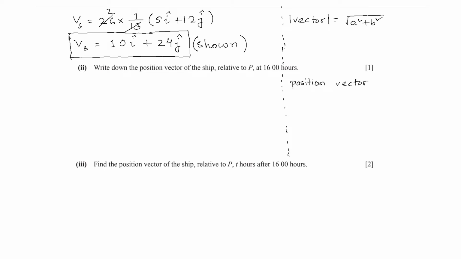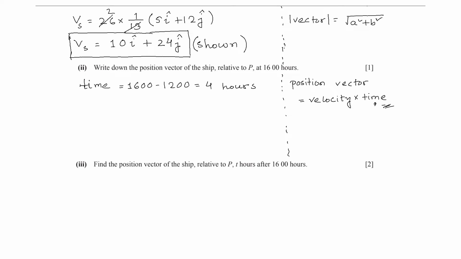Position vector is equal to the velocity times the time duration. We're going to use this relationship, but at first we need to find the time duration. Here the time duration would be equal to 1600 hours minus 1200 hours, which is exactly 4 hours.